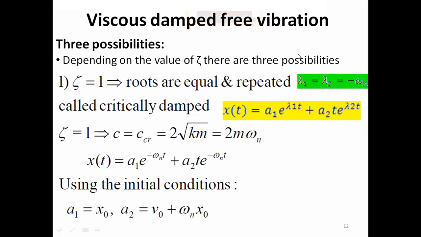So plugging for lambda 1 and lambda 2 in the equation, the response x of t would be a1 exponential minus omega n t plus a2 t exponential minus omega n t, where a1 and a2 are arbitrary constants.